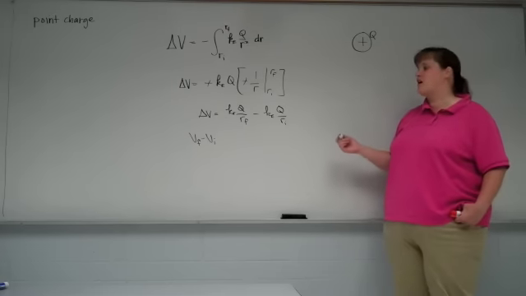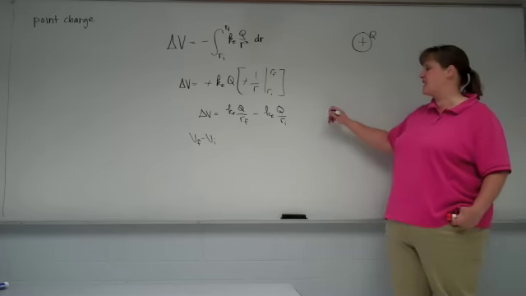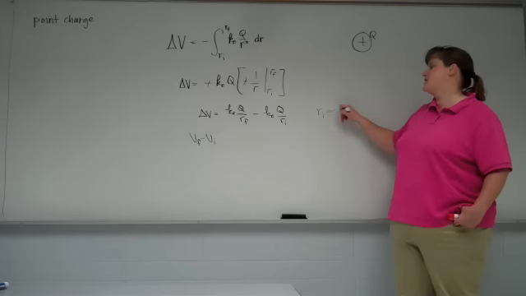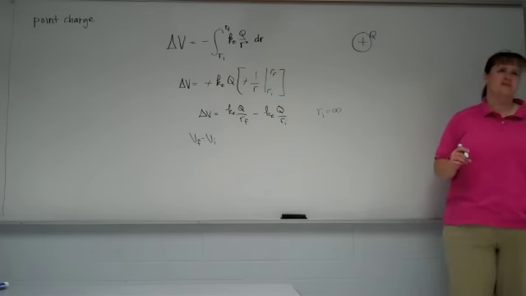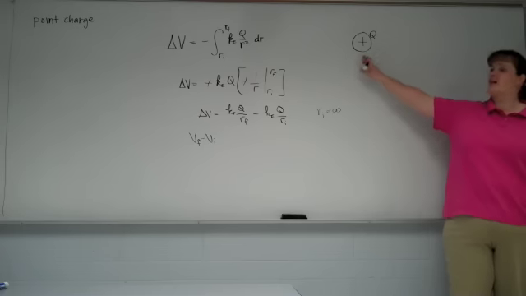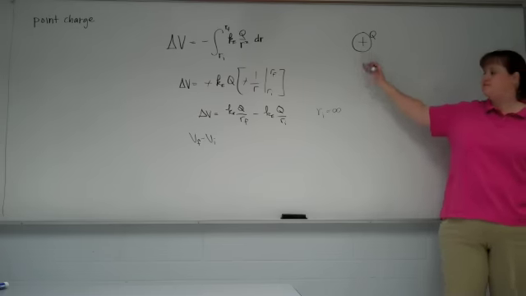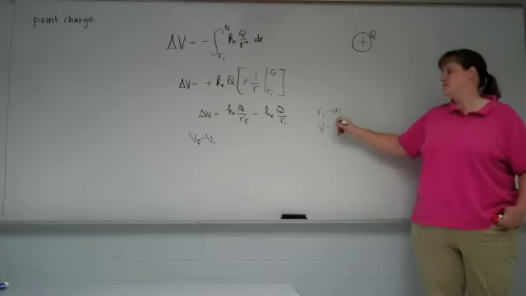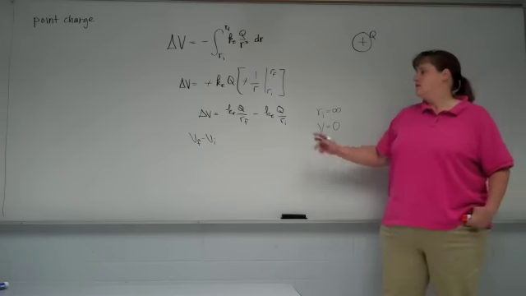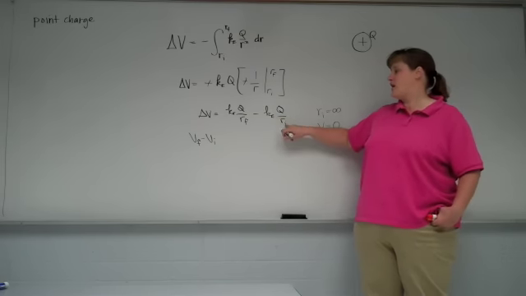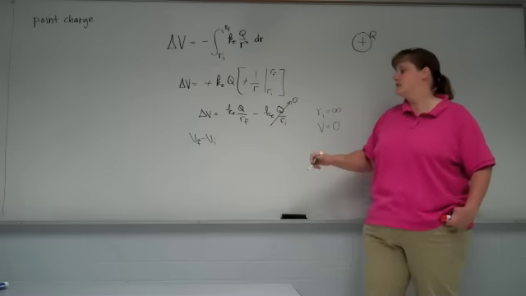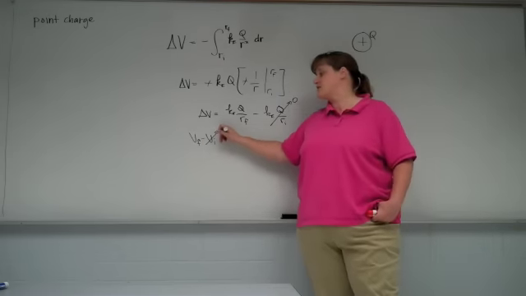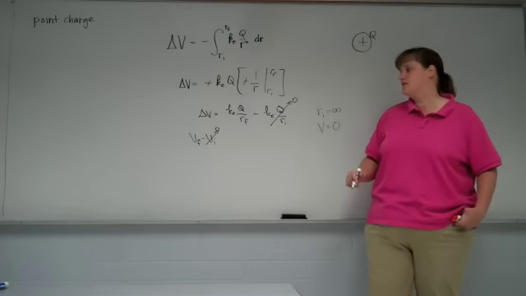If I get infinitely far away, if I make either R initial or R final infinity, let's say we started out infinitely far away, what would you expect the potential to be if you're infinitely far away from this charge? So, if R initial is infinity, anything over infinity goes to 0. The potential is going to be 0 infinitely far away.